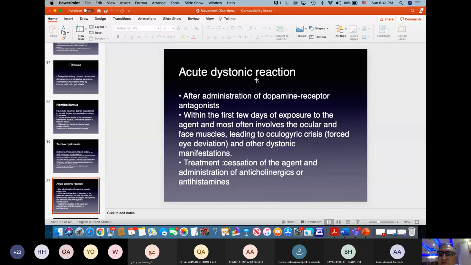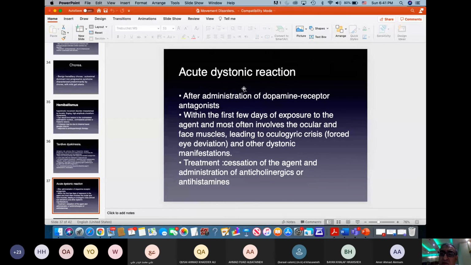Acute dystonic reaction. Dystonia gives you sustained posture due to muscle contraction, agonist and antagonist. Can be acute, can be chronic. Acute, you see it after exposure to anticholinergics or antidopaminergics, like anti-nausea medicine, Reglan, that's metoclopramide, or promethazine.